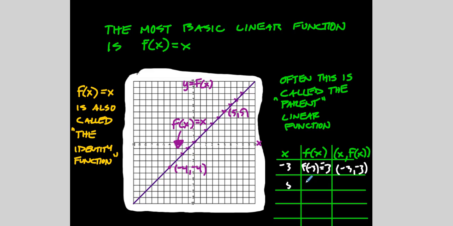When x is 5, f of 5 is 5, and we would get the point 5, 5. So we plotted -4, -4, 5, 5, but let's also plot, just for good measure, -3, -3. Alright, we'll be using this function in this video quite a bit.